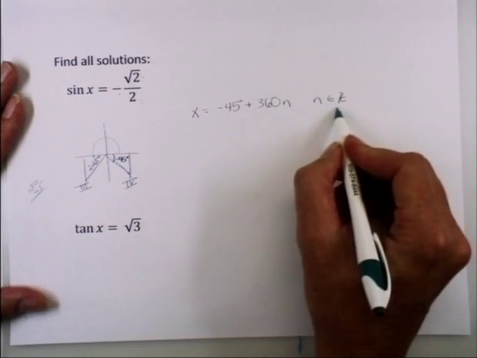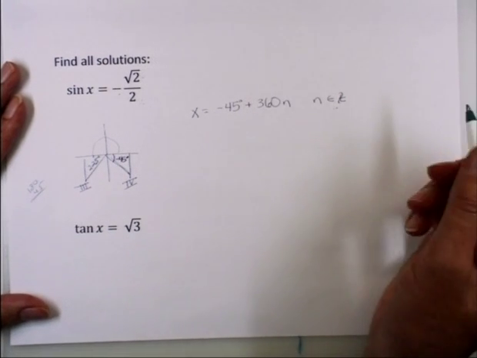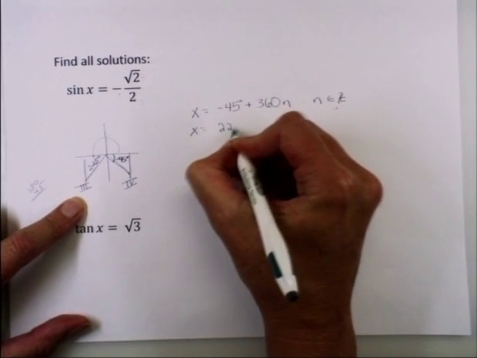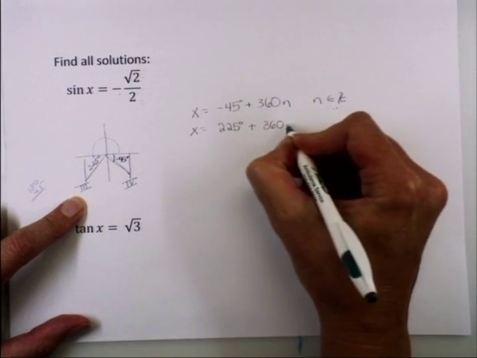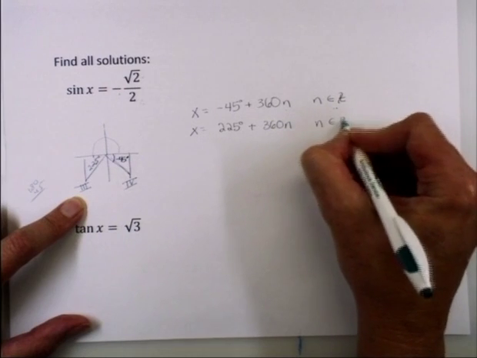I have to say this every time, every new problem. I have to keep redefining it. And then I have that x is equal to 225 degrees plus 360 n, where n is an element of the integers.